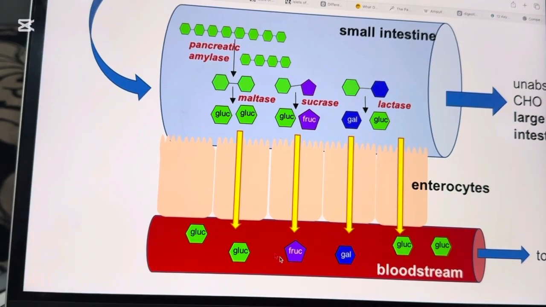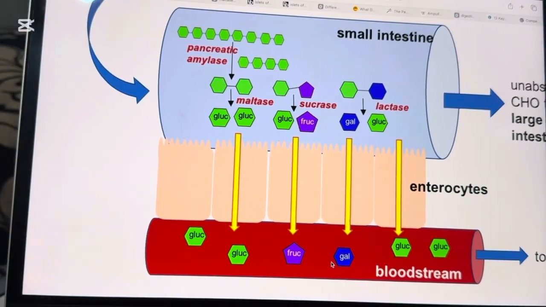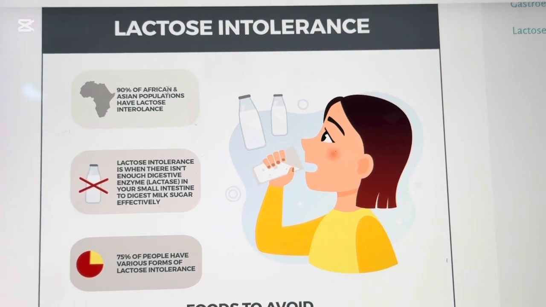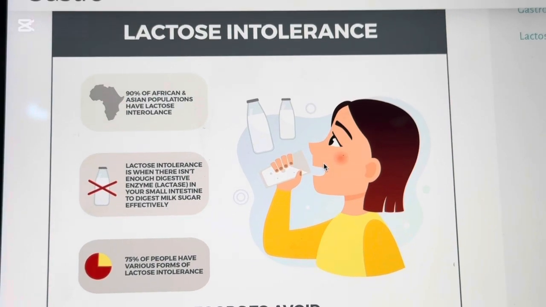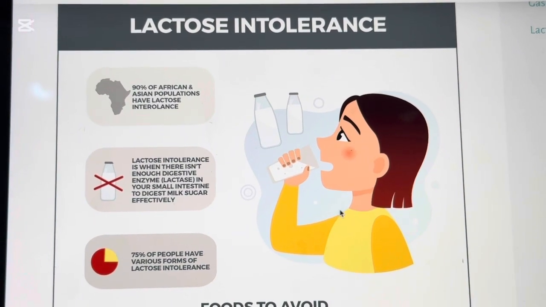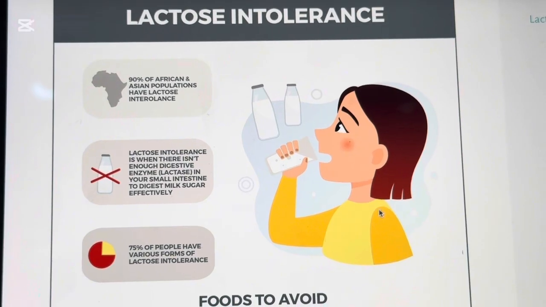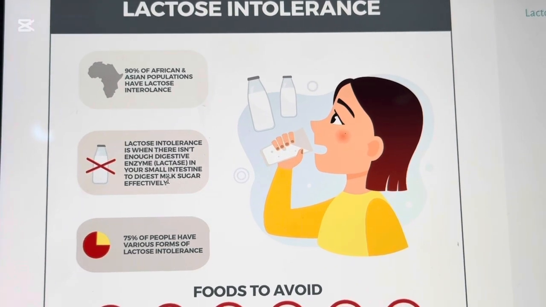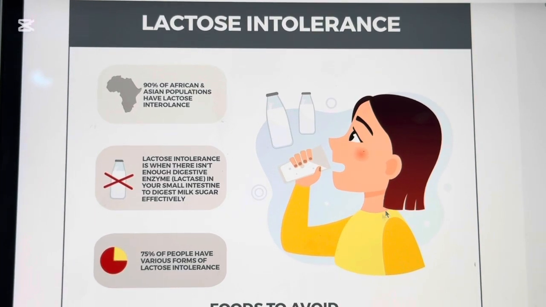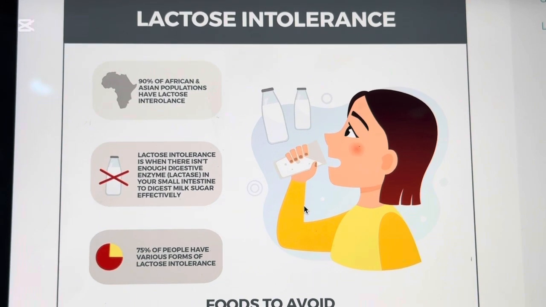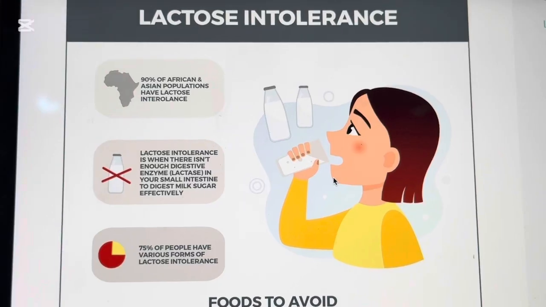That's where absorption comes in, okay? You see, 90% of African and Asian populations have lactose intolerance, which means you don't have enough lactase enzyme in your intestine to digest milk sugar effectively. Lactose is found in dairy products, so don't take dairy products if you're lactose intolerant.